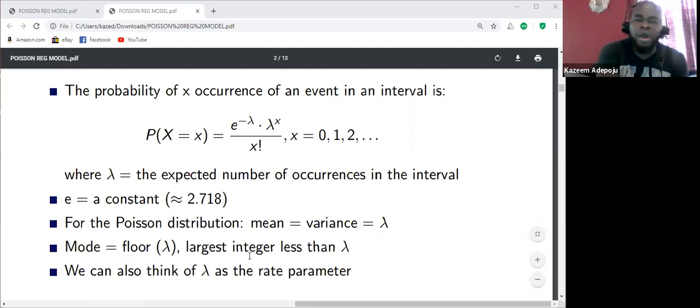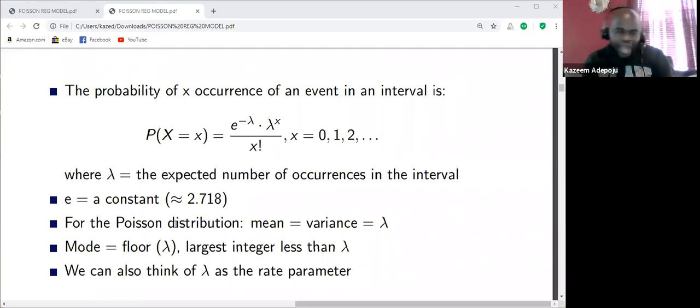But there's something I wanted to take note of. Every probability distribution has a mean and variance. The mean and variance of a Poisson distribution are the same. The mean and variance of a Poisson is lambda. The lambda here is the expected number of occurrences in the interval.